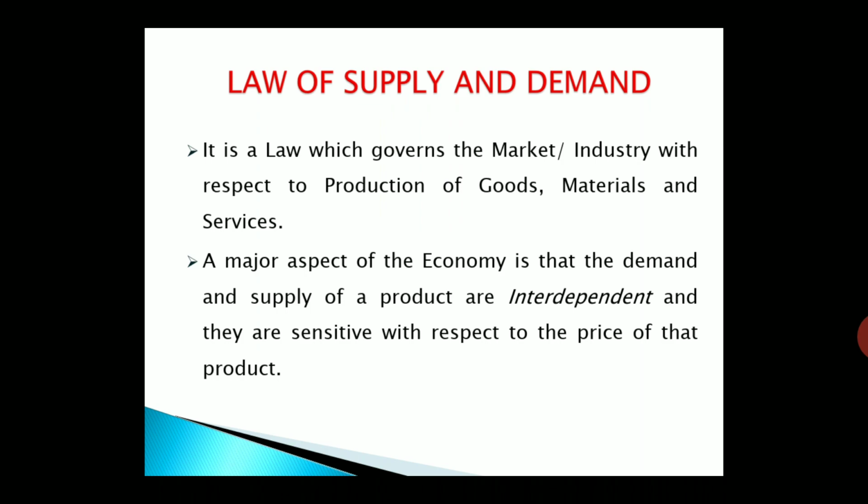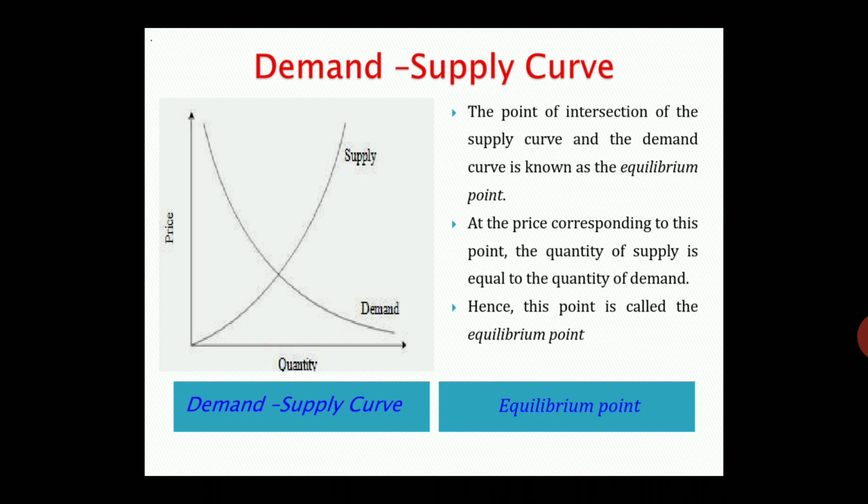Again, demand and supply are characterized by the cost of the product or service. Overall, the demand supply mechanism can be understood in a better way by studying the demand supply curve.